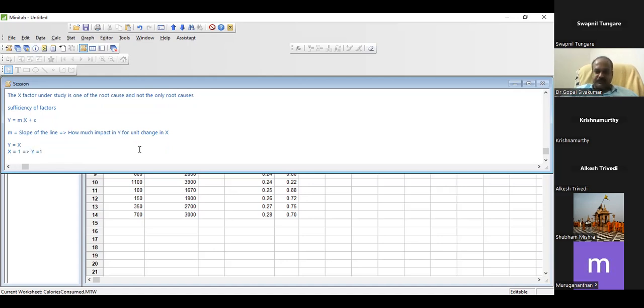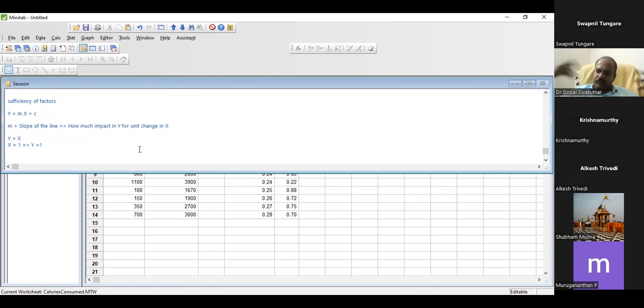y equal to 1. Now I am going to increase x by one more unit. What will be the new value of x? x will be 2, right? Can you see x is increased by 1 unit? Now what happens to y? y is also 2. y also increased by 1 unit.